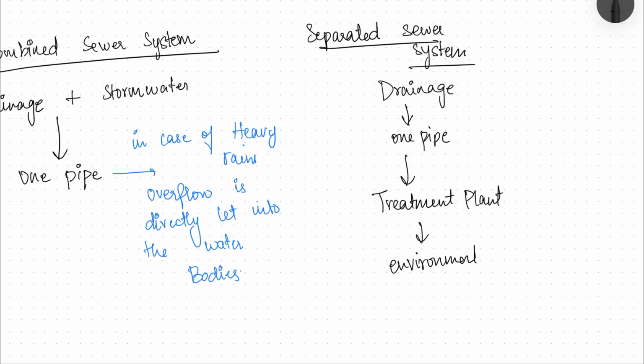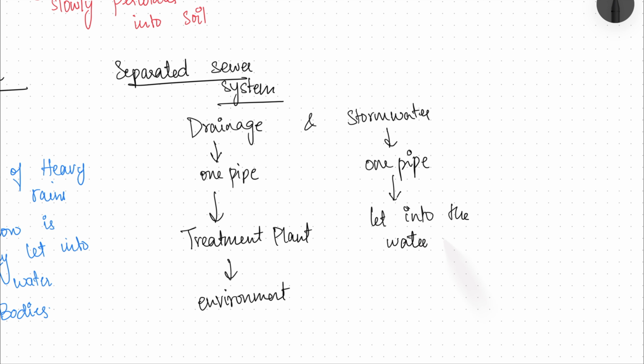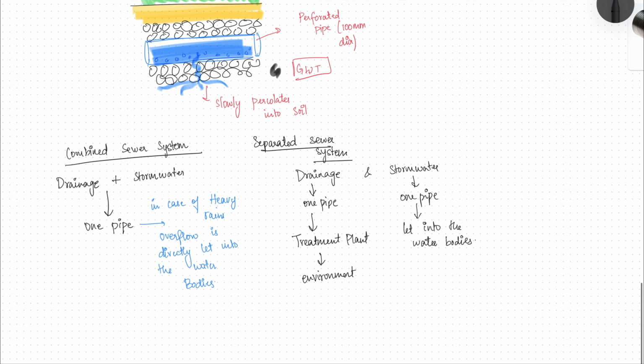Whereas your stormwater has a separate pipe from where it's let into the water bodies. So these are the two types of stormwater drainage system.